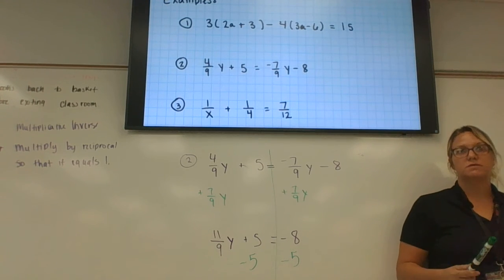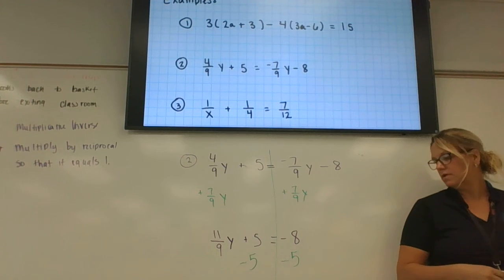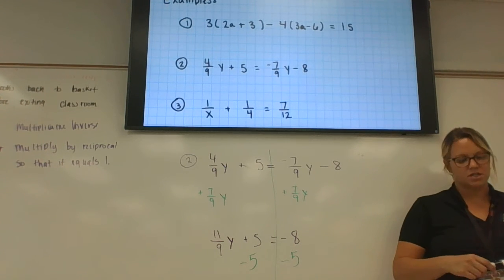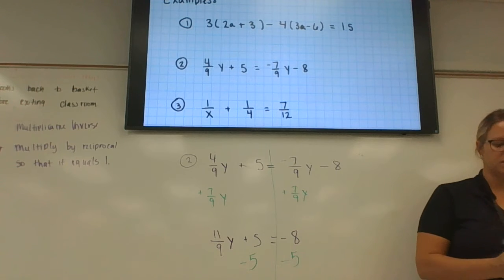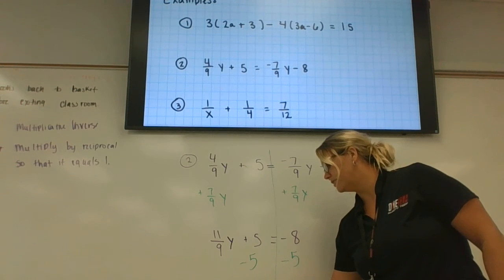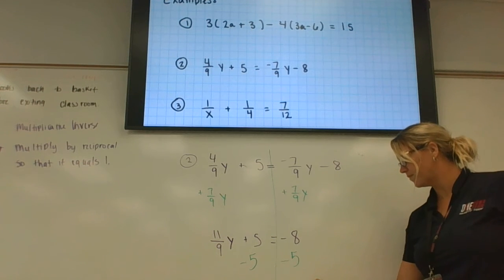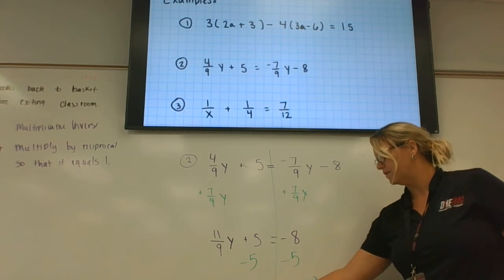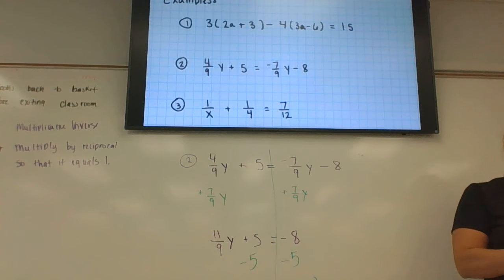Okay, and now we want to do some sort of inverse here. We want to cancel this fraction out. So we'll use the multiplicative inverse. If we multiply this by its reciprocal, 9/11, it will cancel leaving the y by itself.